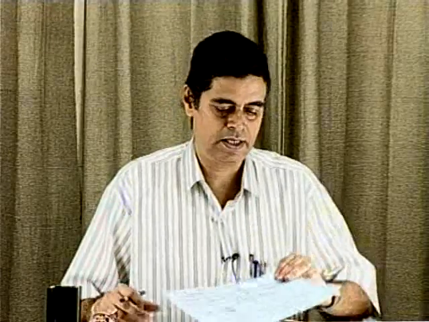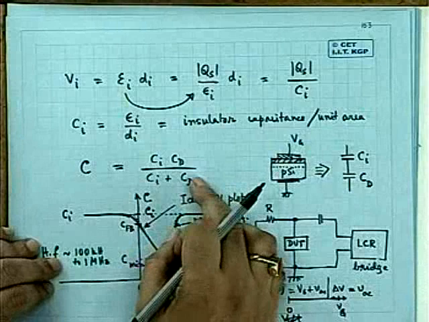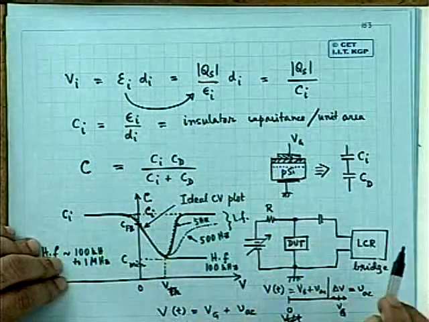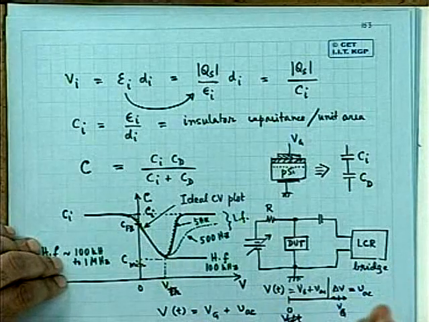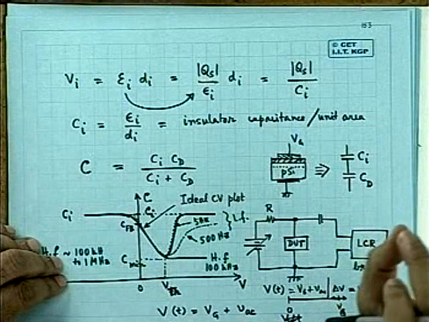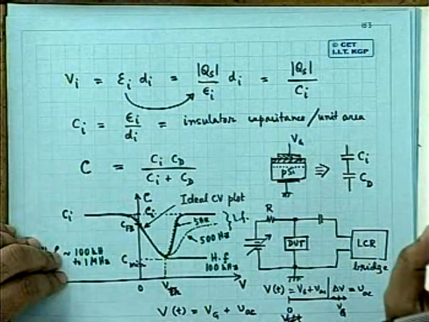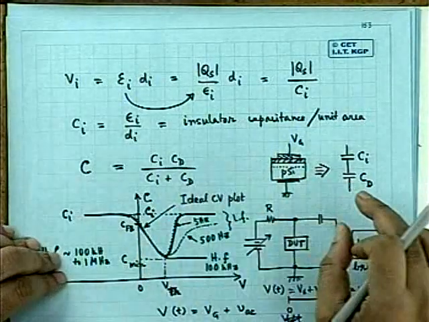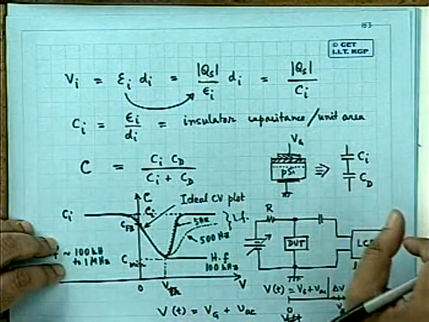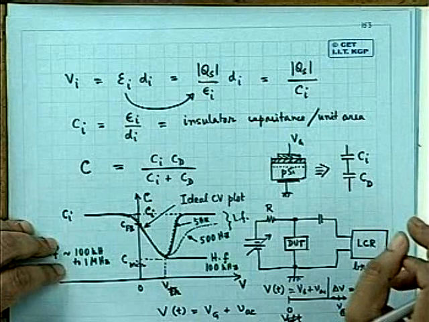Because these two capacitors are in series, the total capacitance C is given by the series combination of CI and CD, where CI is constant, dependent on the thickness of the dielectric film and naturally the material of the dielectric. In the case of oxide, the dielectric constant is roughly 4. Permittivity is 4 into epsilon naught.